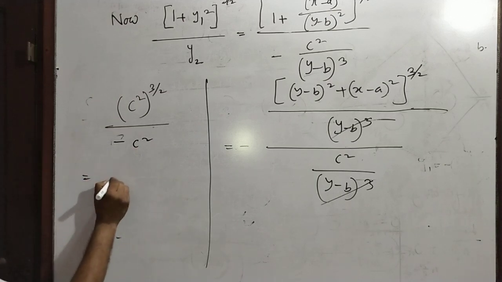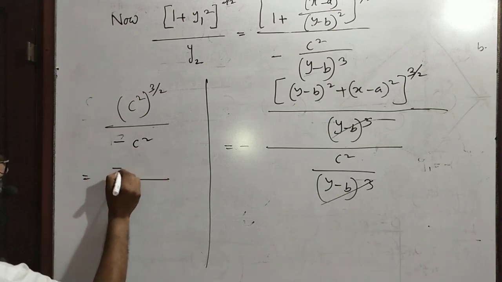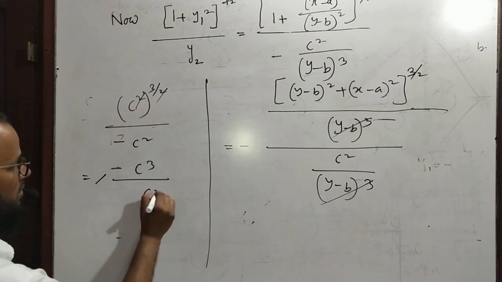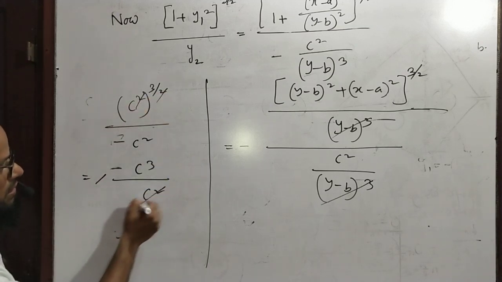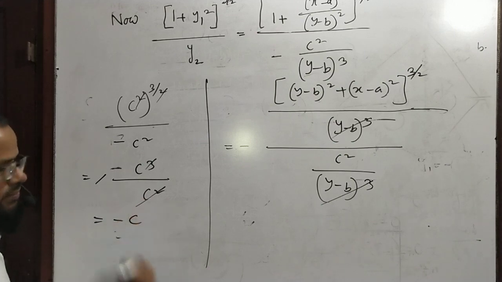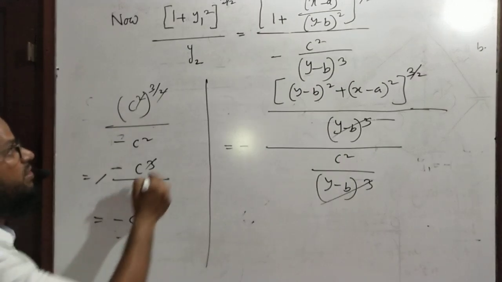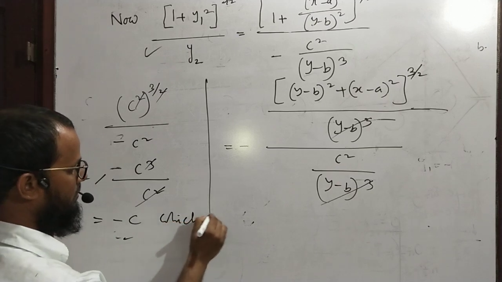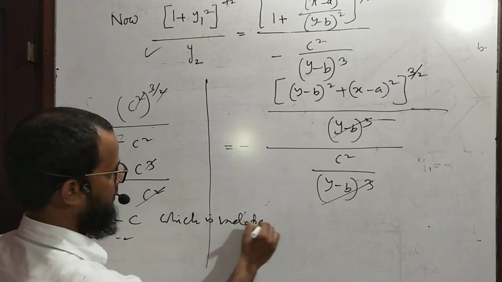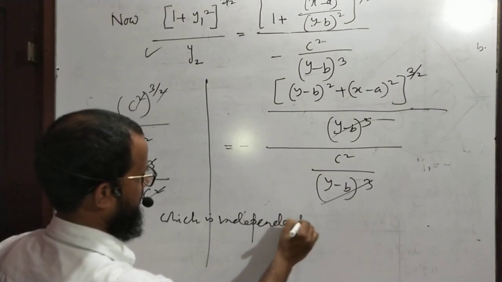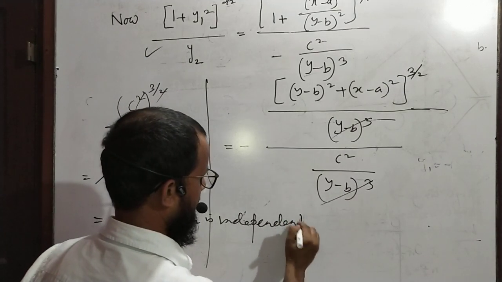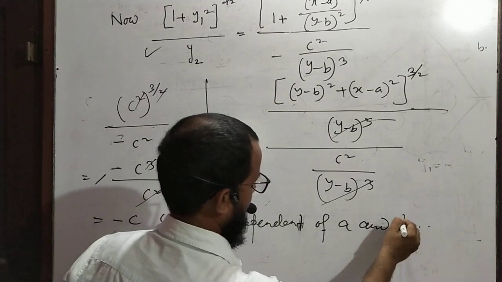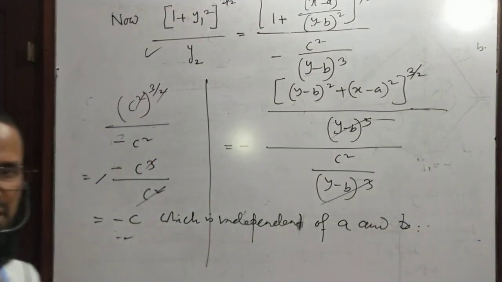Okay, then it becomes what, minus c cube divided by what, c square. उस दोनों को कैंसिल करेंगे तो अल्टीमेटली इट इज बिकम c, and your ultimate expression becomes c, which is independent of a and b, independent of a and b.